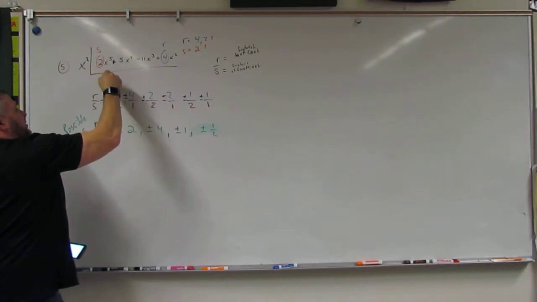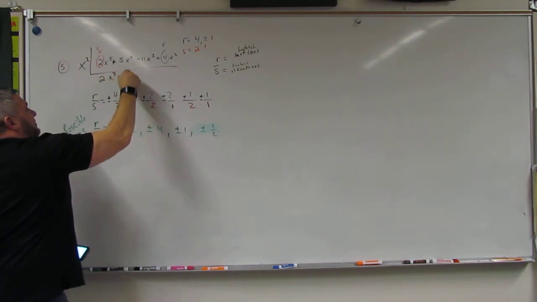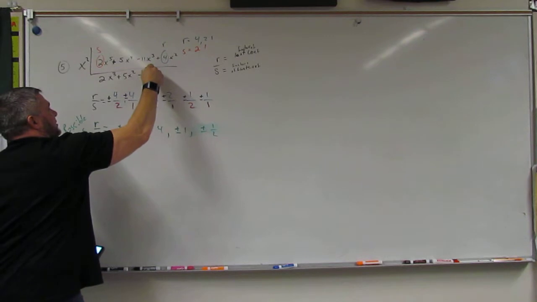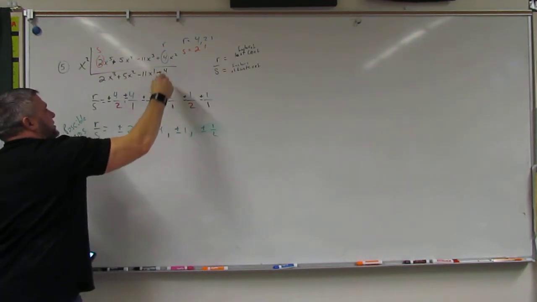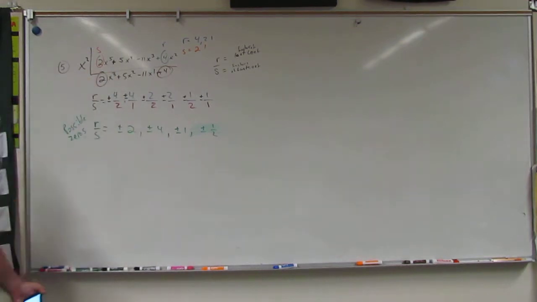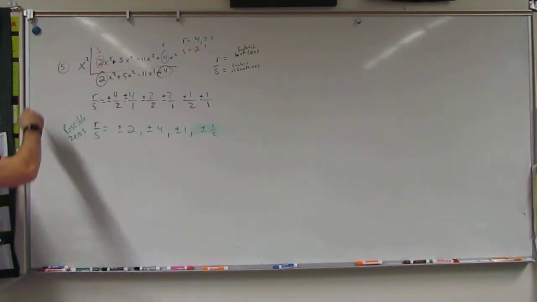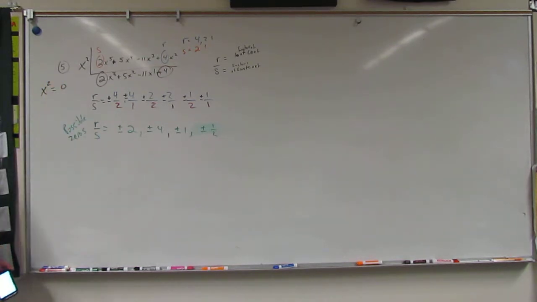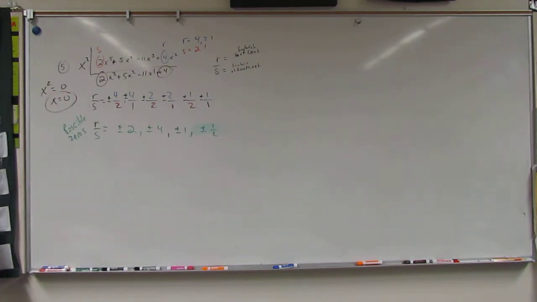Then I get 2x to the third plus 5x to the second minus 11x to the first plus 4. Now it's still going to be these r's. But this is also a solution. So remember, x squared should equal 0, and what does that equal? 0. Yeah, x equals 0. So that's a definite solution that we already know.